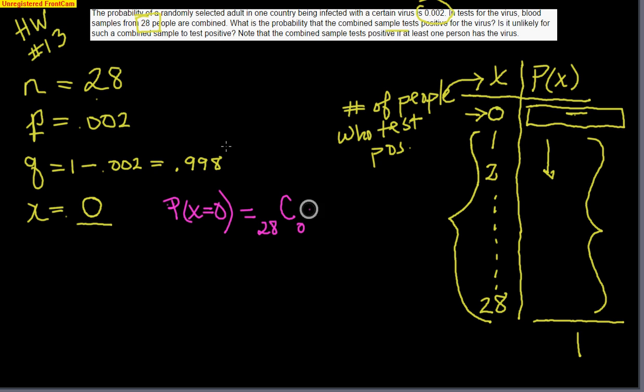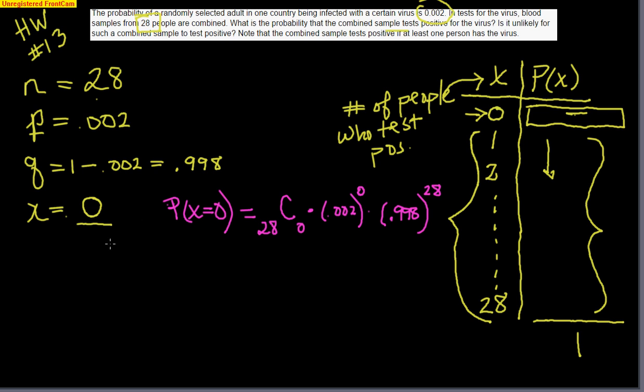P times P, P in this case is 0.002, to the power of x, which is 0, times the probability of Q, which is 0.998, to the power of n minus x, which is basically 28 minus 0, which is 28. 28 people would be testing negative.